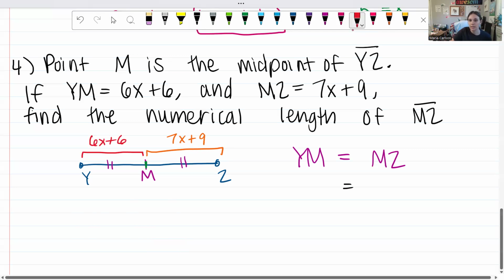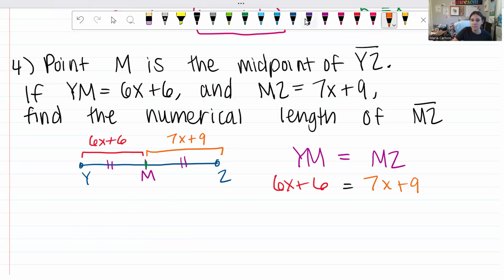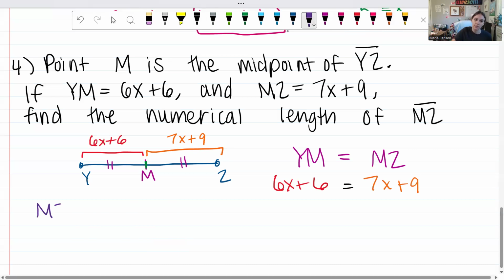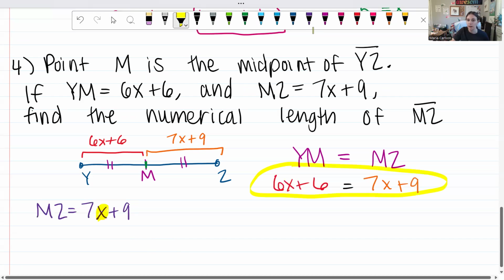Now my goal is to find the numerical length of MZ. Right now, all I know is that MZ is equal to 7x plus 9. So if I want the numerical length, I need to know what x is equal to. So I'm going to have to solve this equation for x.